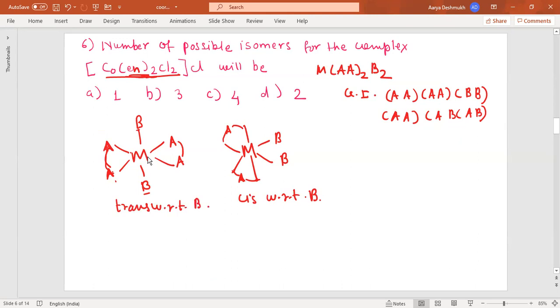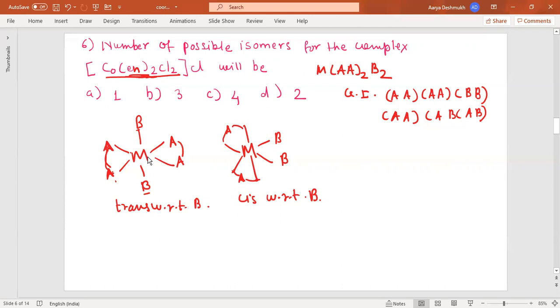Now which one is optically active here? For this type, you can use the trick. The cis isomer is optically active as diagonally opposite ligands are different here.